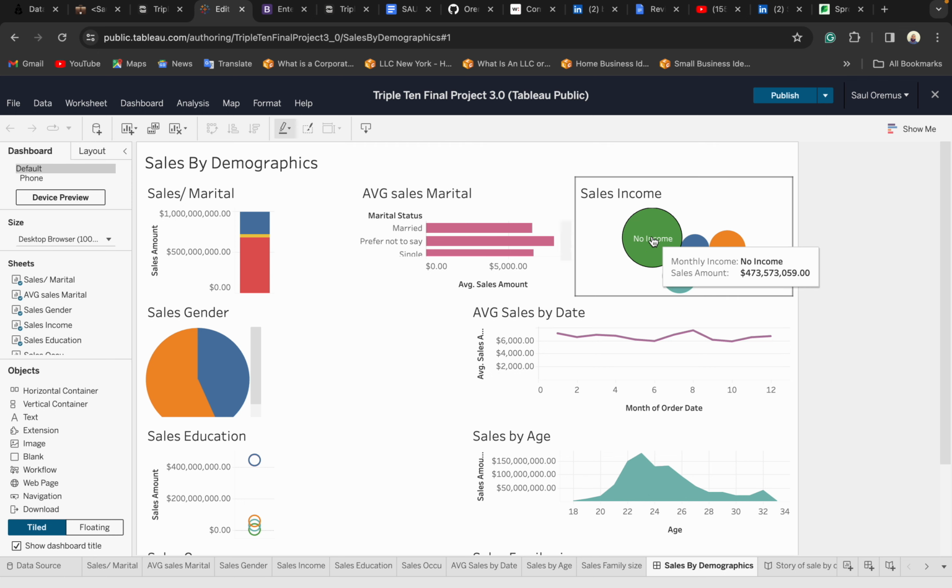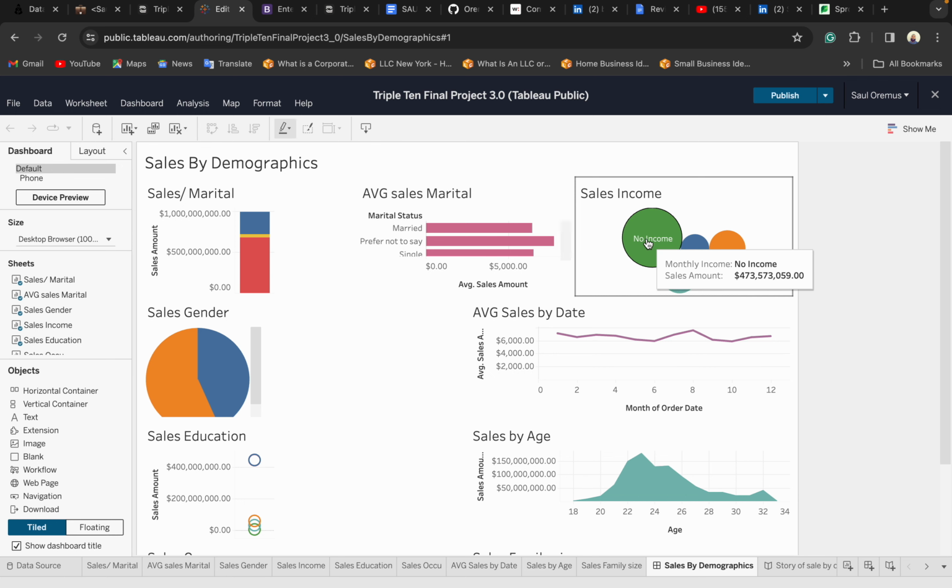The next graph shows the income status of those who spend the most. As we can see, those with no income spend more than those with 10,000 to 25,000 income, those between 25 and 50, those above 50, and those under 10,000.